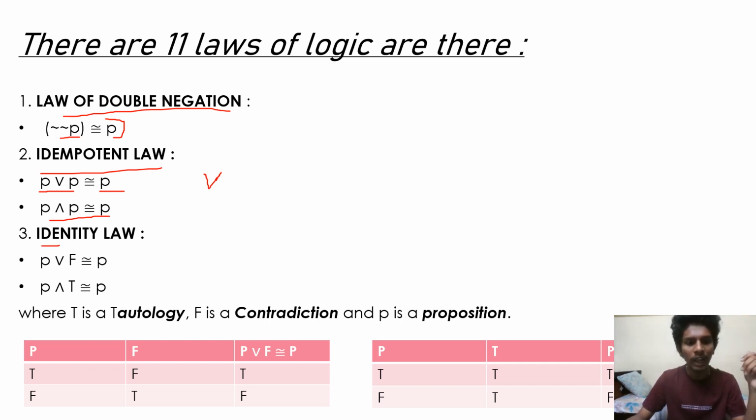Next, the third law is the identity law: P or F, P and T. Here F is contradiction, T is tautology, and P is proposition.